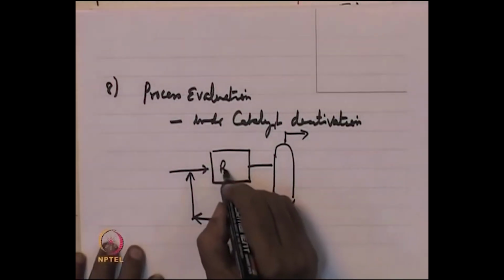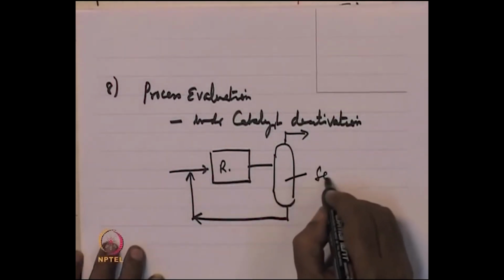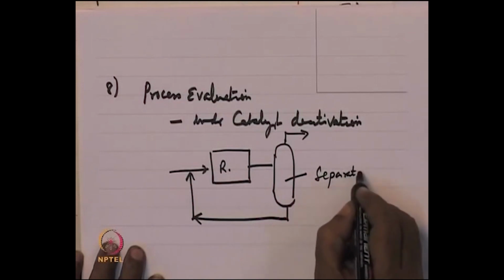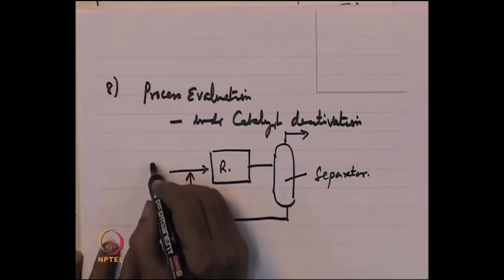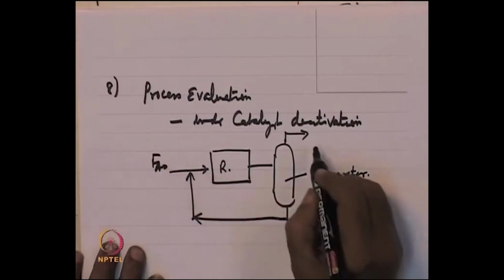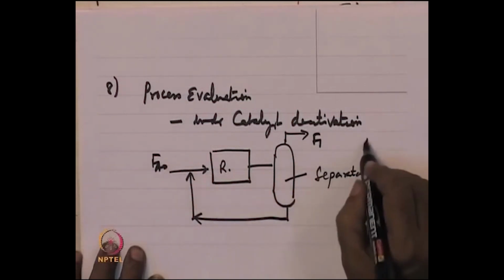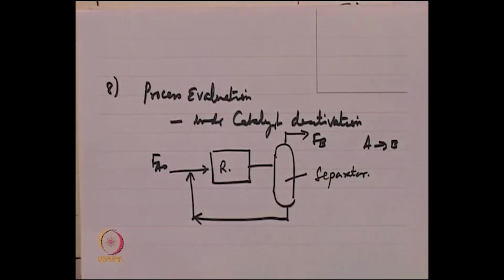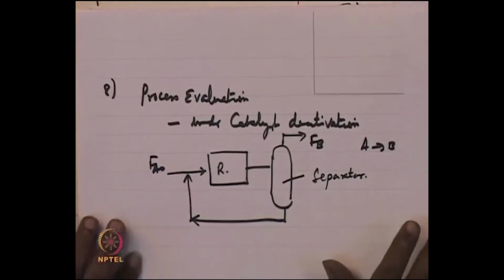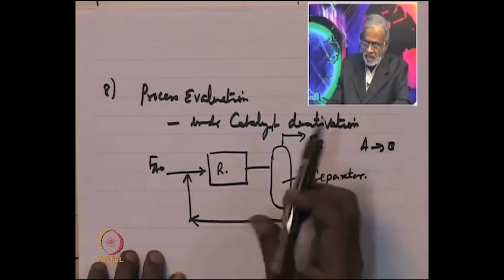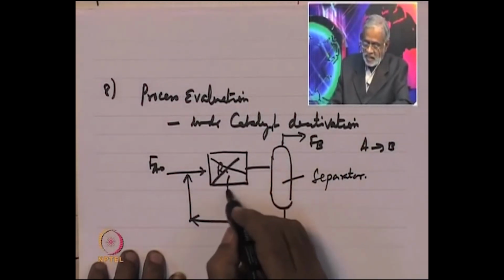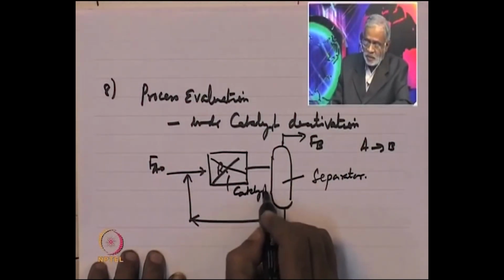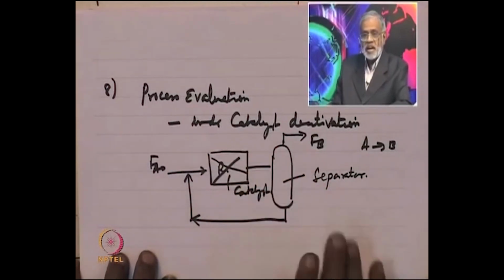There is a reactor, there is a separator. Now, if I call this feed F A0, let us say A goes to B as an example. Now, what we will see in a process is that there is a catalyst here, which deactivates.